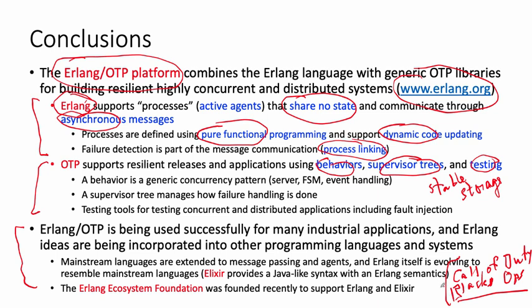So I actually have some slides on that I can send, but it's an example of an industrial application using Erlang. I can mention Elixir, which provides Java-like syntax that has Erlang semantics, and both Erlang and Elixir are supported by the Erlang Ecosystem Foundation.